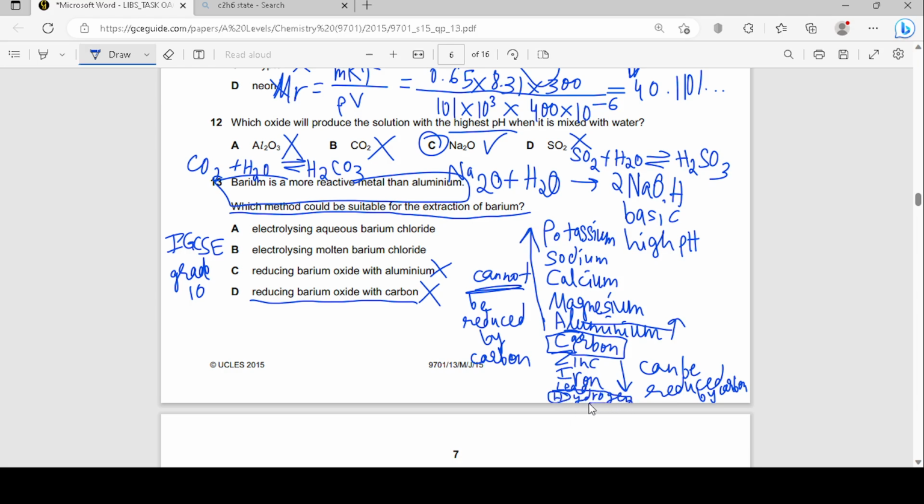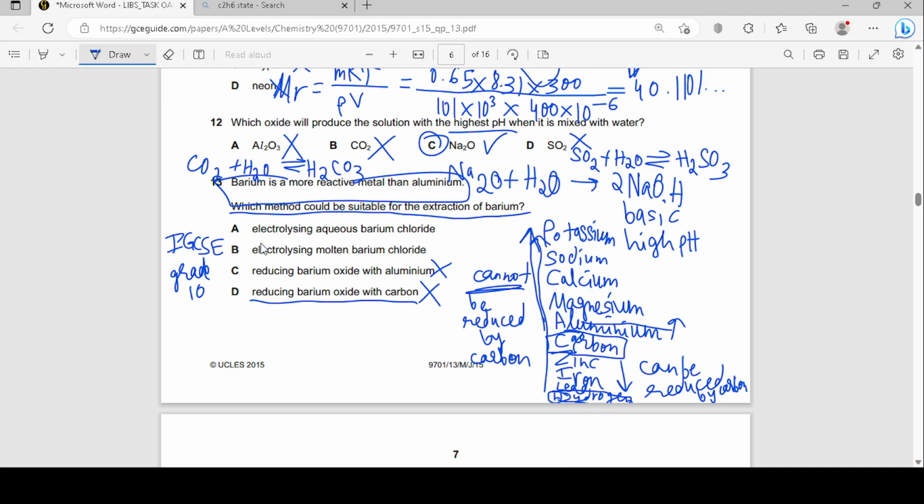For elements above hydrogen in the reactivity series, when you carry out the electrolysis of the aqueous solution, hydrogen will be produced at the cathode. If the element is below hydrogen in the reactivity series, like copper or gold, then you will get copper or gold at the cathode. But if it's above hydrogen, then you will get hydrogen at the cathode.